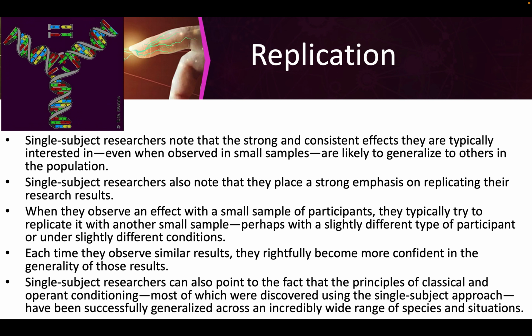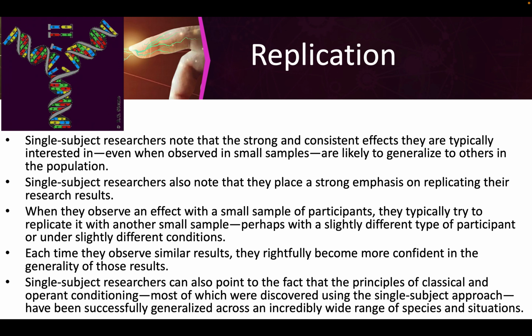Single subject researchers also note that they place a strong emphasis on replicating their research results. When they observe an effect with a small sample of participants, they typically try to replicate it with another small sample, perhaps with a slightly different type of participant or under slightly different conditions.